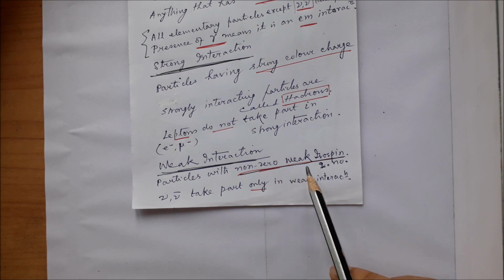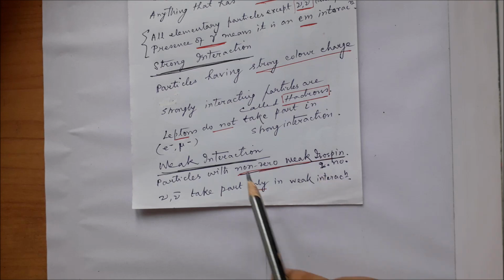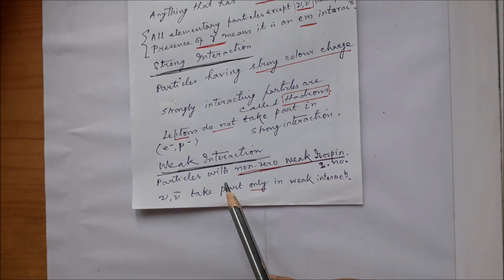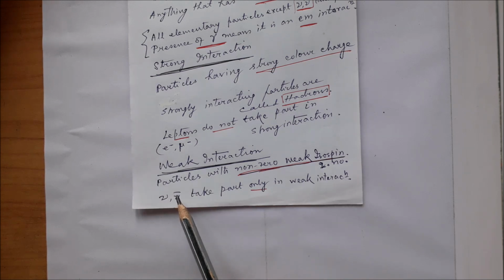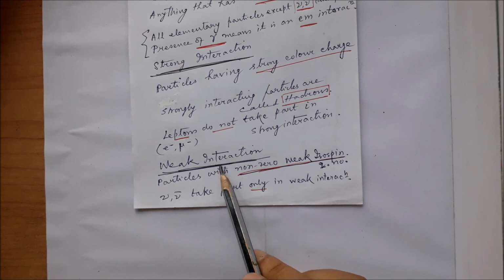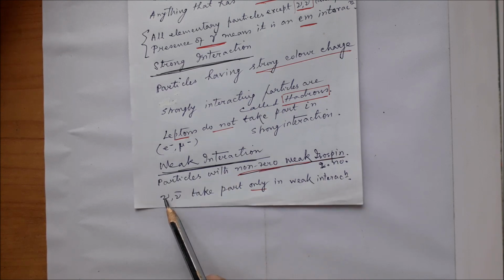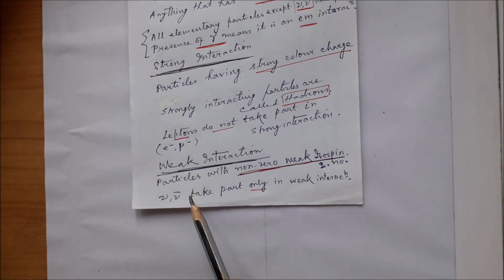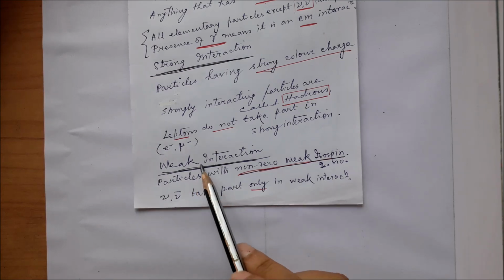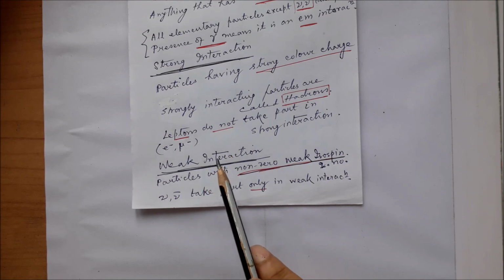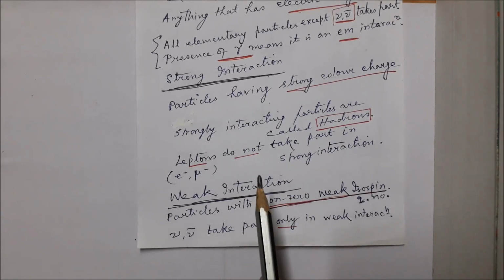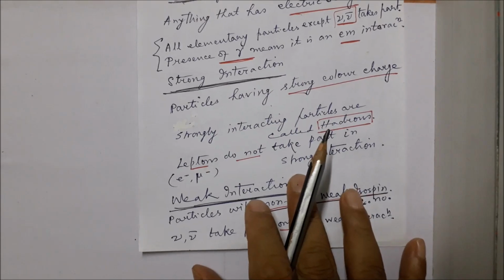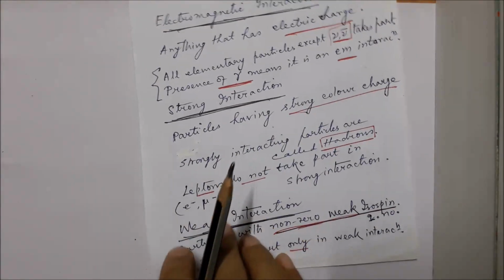Particles with non-zero weak isospin, which is a quantum number, take part in weak interaction. An important piece of information is that neutrino and antineutrino take part only in weak interaction. Presence of a neutrino or antineutrino in an interaction ensures that it is a weak interaction, provided the interaction occurs. We shall put all our statements in a tabular form at the end of this lecture. That will be extremely useful information.